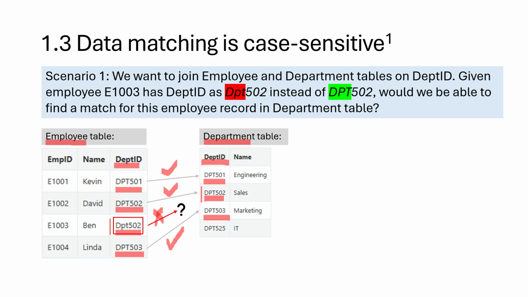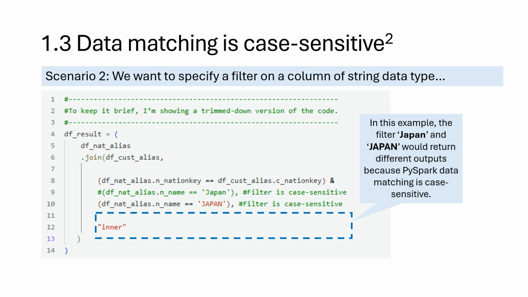Having seen that, let us look at another scenario that could also be affected by case sensitivity. For scenario 2, what we have got here is that we are joining 2 data frames. Apart from joining the data frames, we also wanted to specify a filter. Here, as highlighted, the filter specified is Japan, which is all in uppercase.